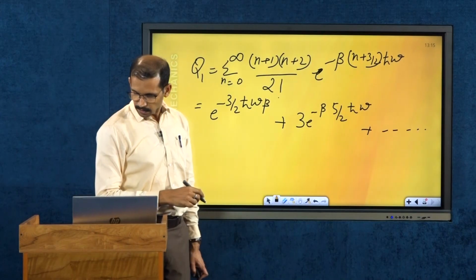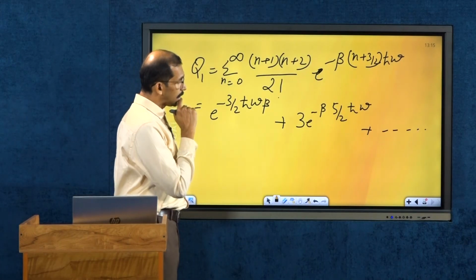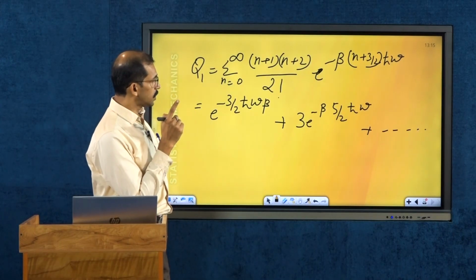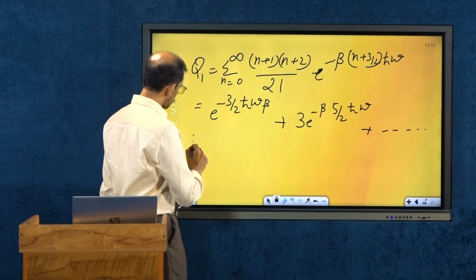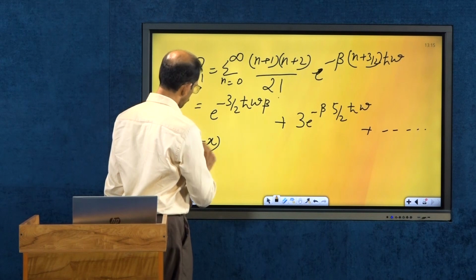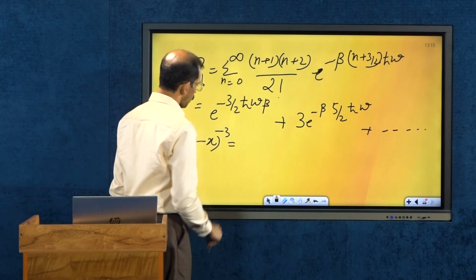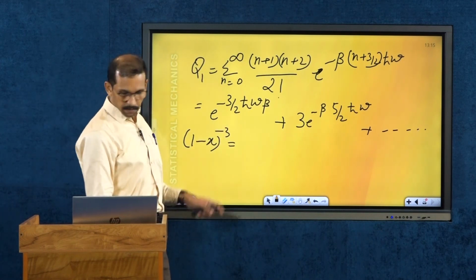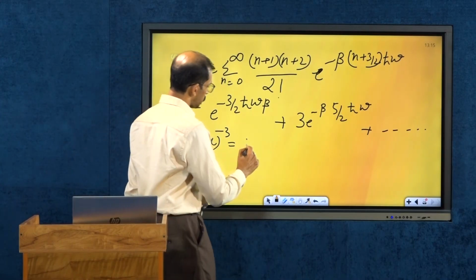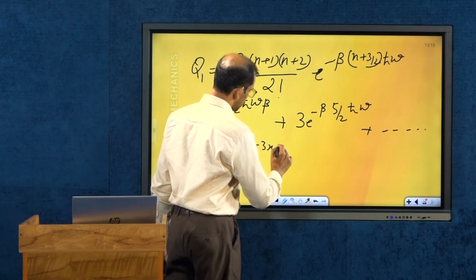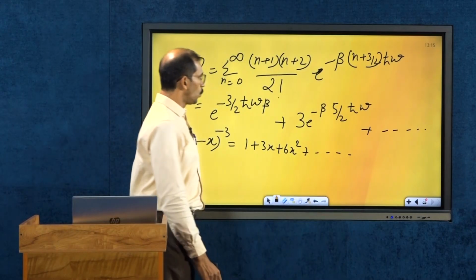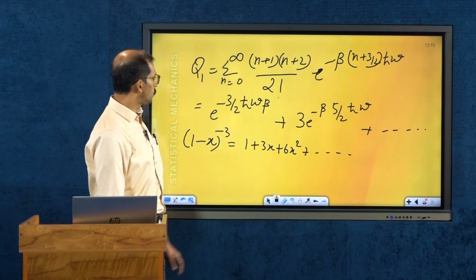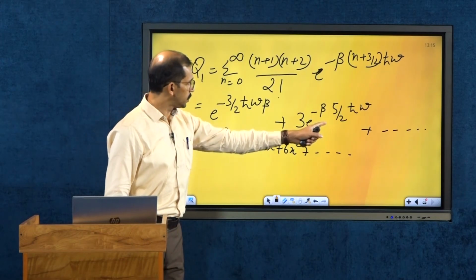And similarly, last time we were doing 1 minus x raised to minus 2. Here I can substitute the expression for 1 minus x raised to minus 3. What is 1 minus x raised to minus 3? It is 1 plus 3x plus 6x squared plus etc., which I can substitute with this expression.